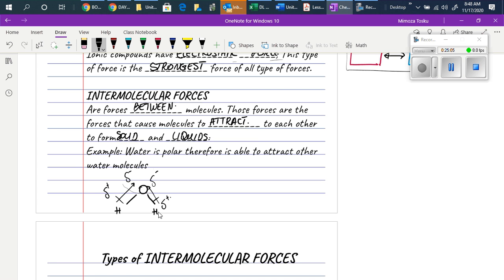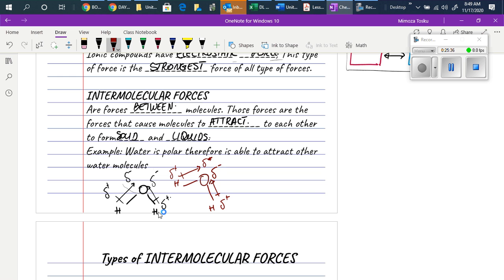So now, what is happening though is that we have another molecule here, oxygen, hydrogen, hydrogen. And on this molecule, the same thing is happening in terms of the dipole moments, leaving the hydrogen slightly positive and making this slightly negative. Okay, so this is negative, positive, and this is negative.